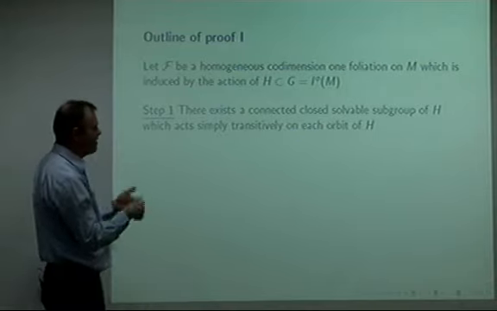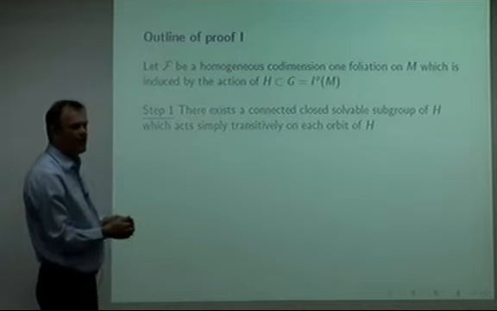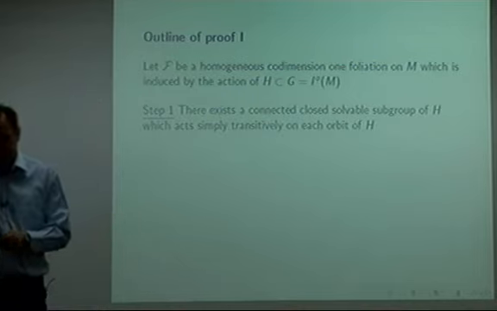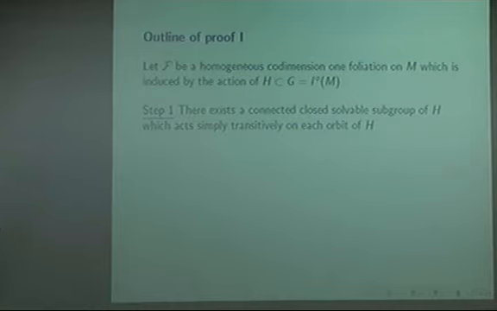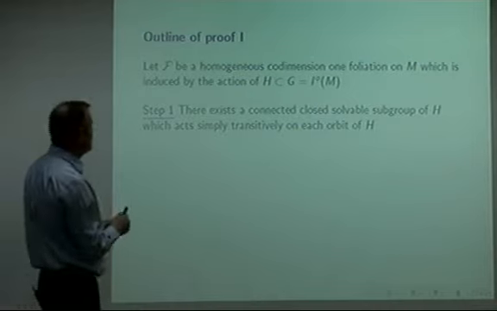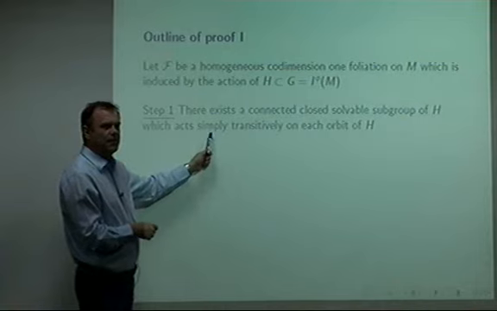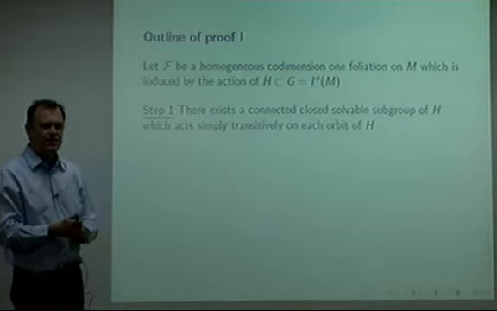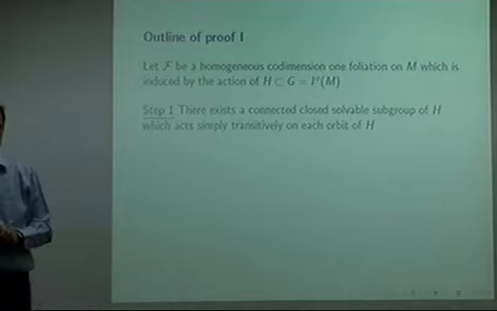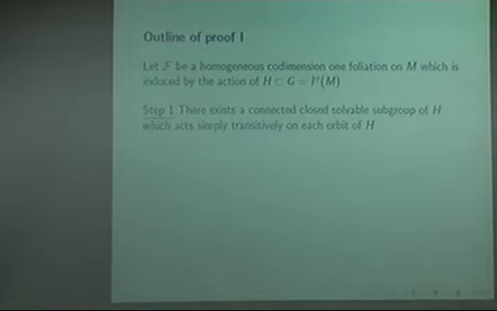And then, so we have this solvable group, and then one can use somehow, that's a bit more difficult, structure theory of solvable Lie algebras to prove that in fact one can find such a group that acts simply transitively on each orbit. Yeah? So in other words, in the first step we can reduce. So what we do is, we can assume that H is solvable and acts simply transitively on each orbit. Yeah? That's quite a nice reduction. That comes from structure theory of Lie groups.